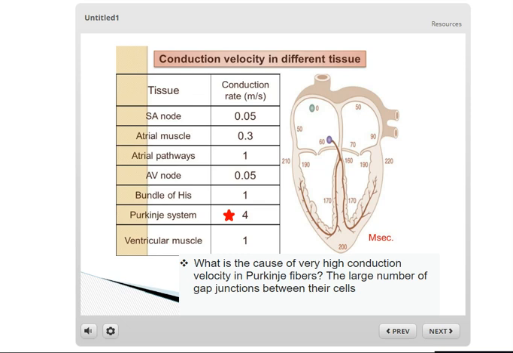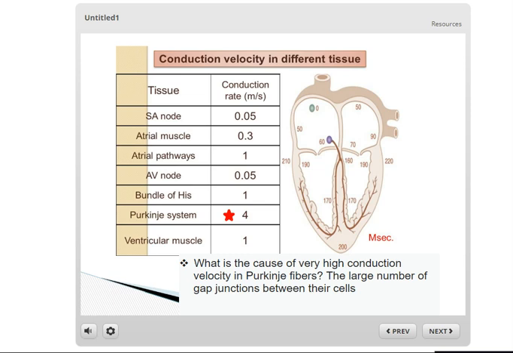And in the ventricular muscle, conduction velocity is approximately 1 meter per second, and it conducts impulses through the ventricle walls, leading to contraction and ejection of blood.